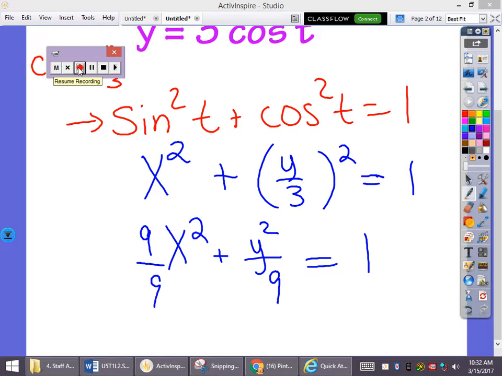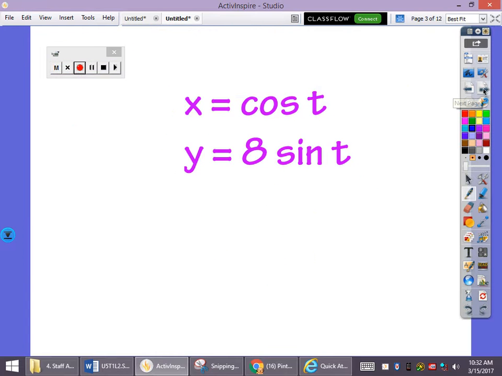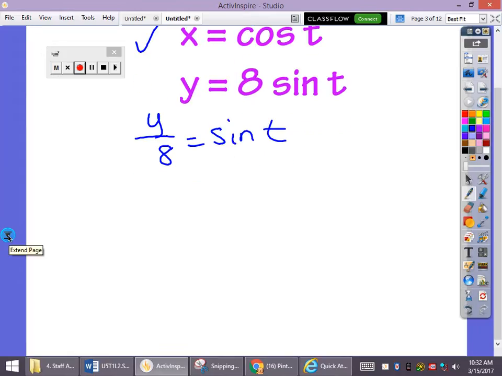All right, let's look at our next example. Okay, is the trig by itself in the first equation? Excellent. The second equation, when I go to rewrite it, it's going to be y over 8 equals sine t. Okay? Which one's going to come first? Sine squared. So what am I going to do first? X or y?